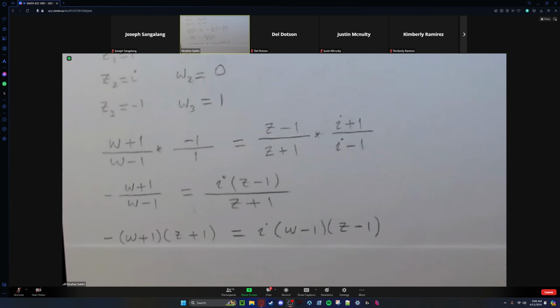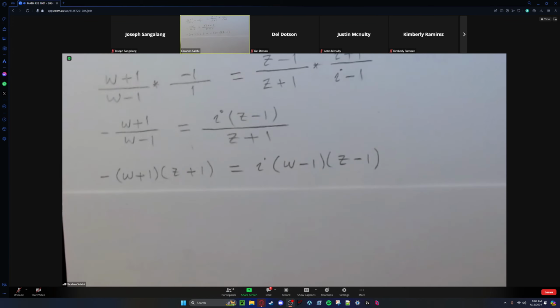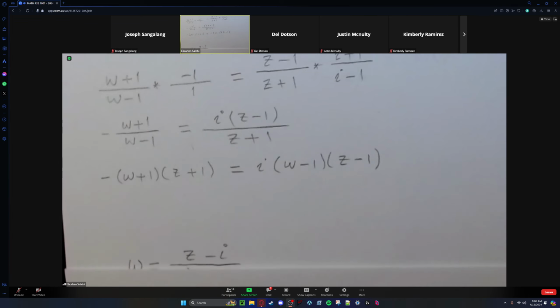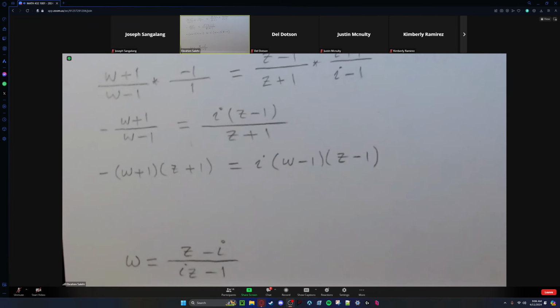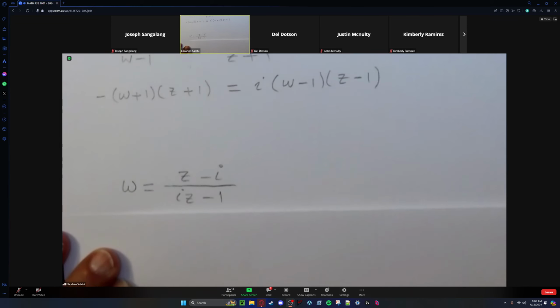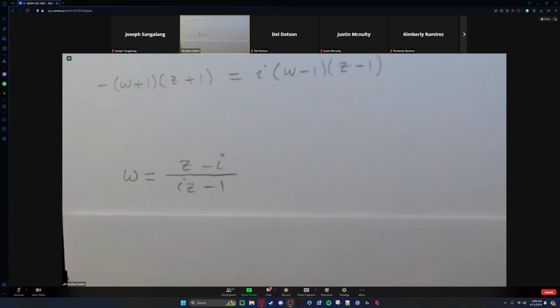Now you cross multiply and solve it for W. If you go ahead and do the rest, here is the function. Okay? So that formula, whenever you have 3 points and the images, will produce the linear fractional transformation. And of course, you got to do a little bit of manipulation, all right?